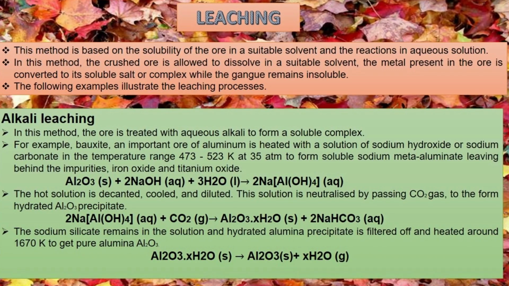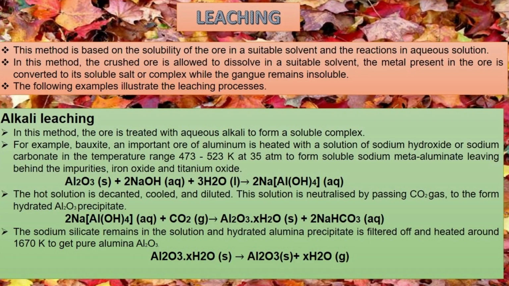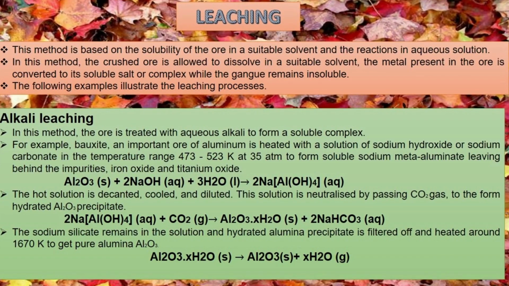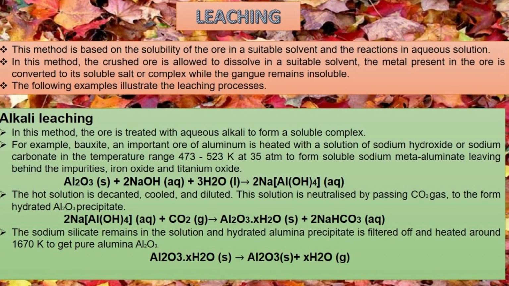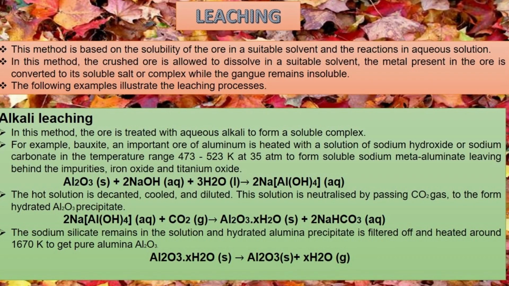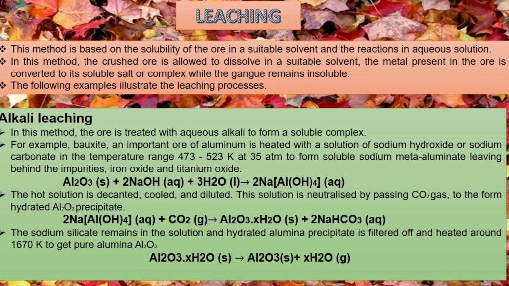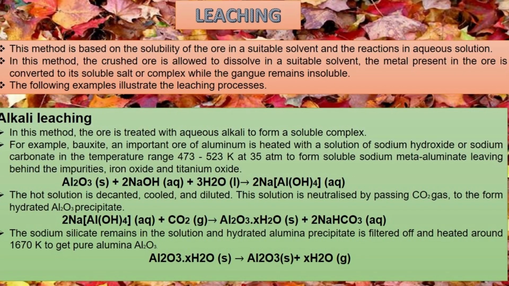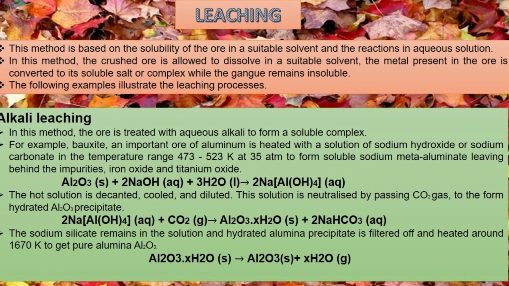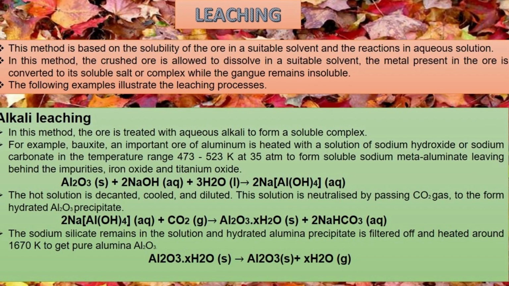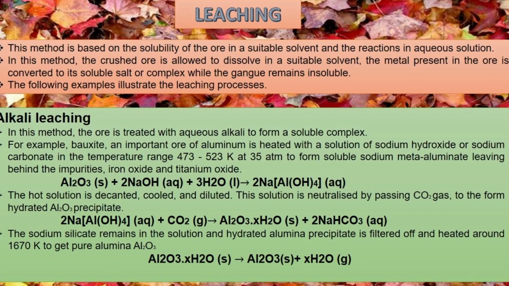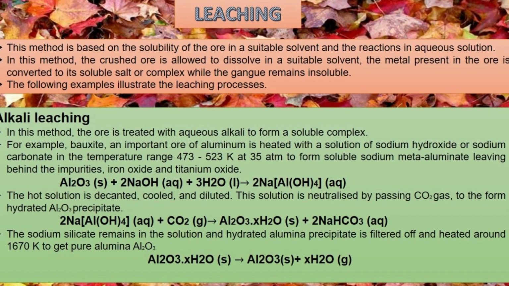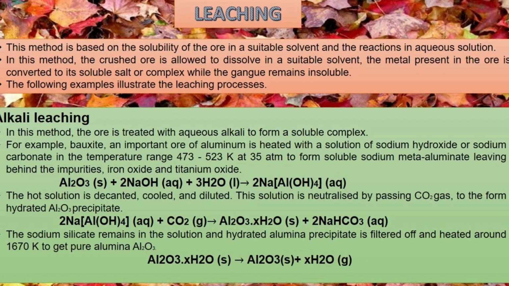So this bauxite ore will get dissolved in sodium hydroxide to form sodium meta-aluminate, whereas the impurities such as titanium oxide and iron oxide will be left behind. Then this hot solution is filtered, cooled and diluted. Then the solution is neutralized by passing carbon dioxide gas. So it will form a solid alumina precipitate.